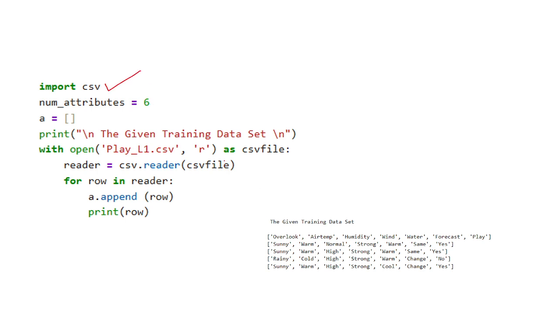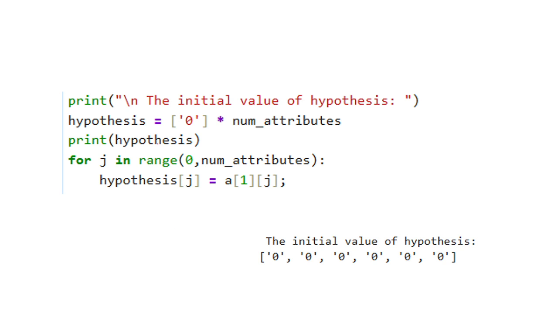In our example, there are six independent attributes. Initially it is null. Read the CSV file using this statement: with open file name in read mode as csvfile, reader equals csv.reader of csvfile, scan each row, for row in reader, append that row to A, and print it. Well, you can see all the values of the CSV file.